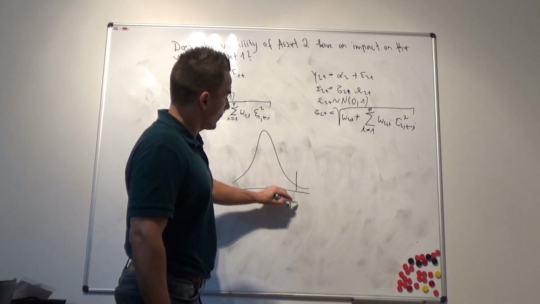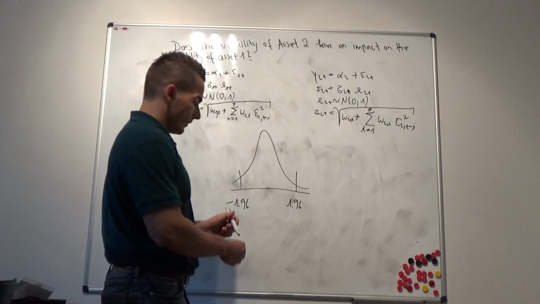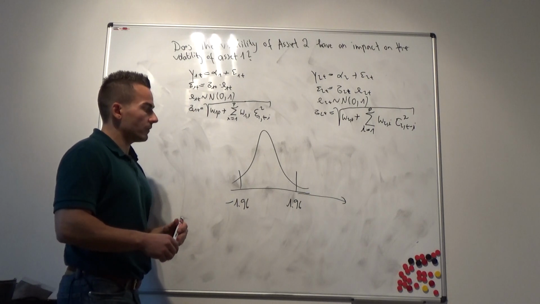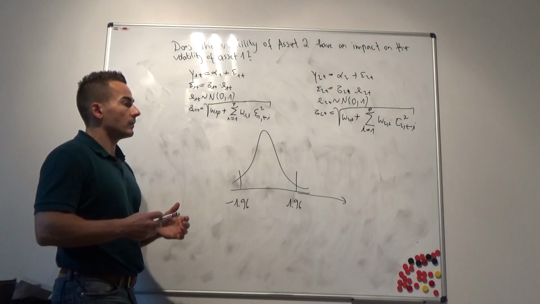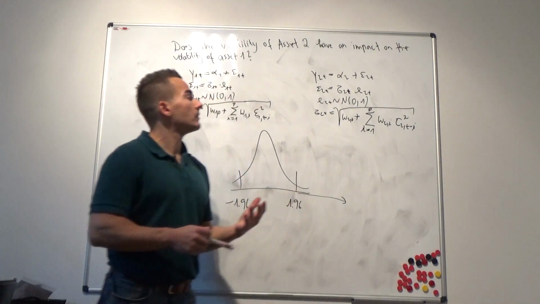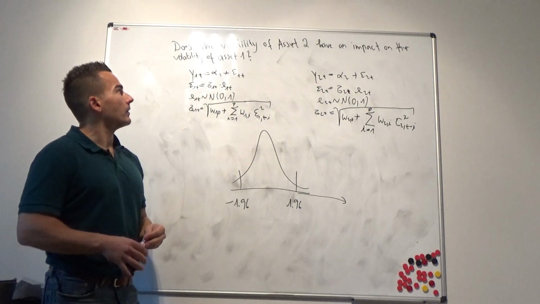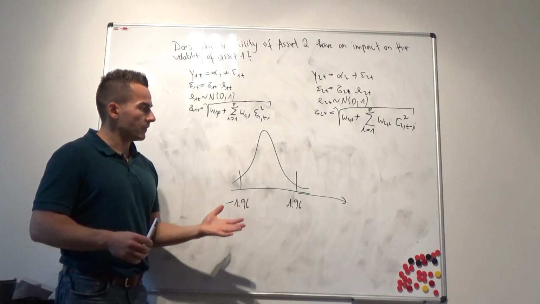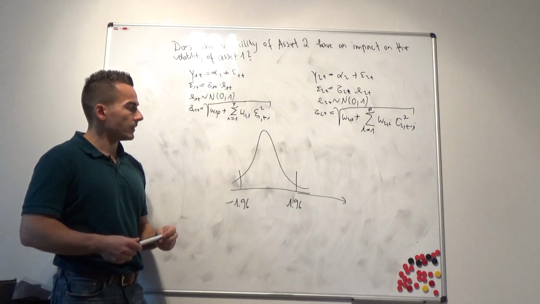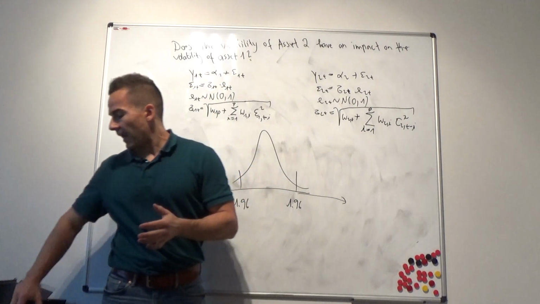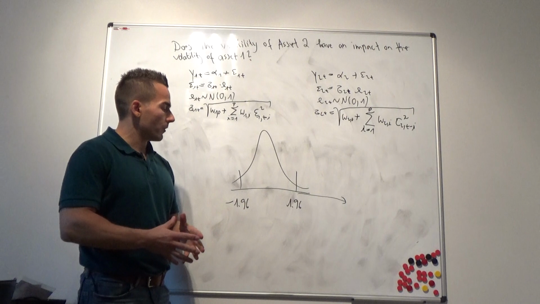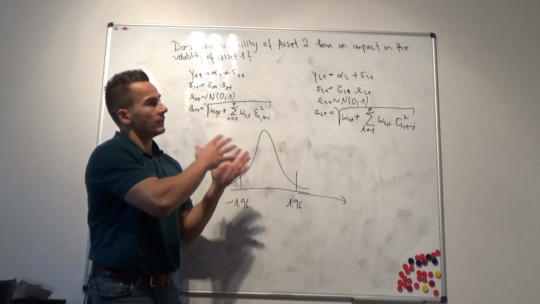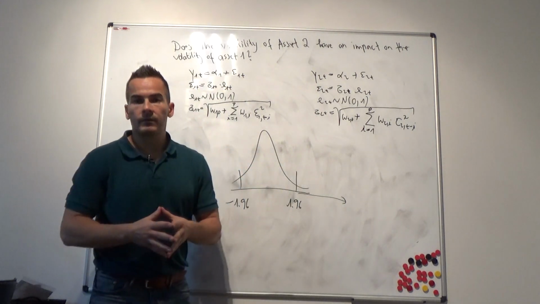Whenever the t-statistic value is higher than 1.96, then on a 5% significance level we would argue that the volatility of asset 2 has a significant impact on the volatility of asset 1. The same holds if delta 4 has a t-statistic that is larger than 1.96. It's enough if one of these parameters has a t-statistic larger than 1.96. In either case, we would argue that asset 2 has a significant impact on the volatility of asset 1.